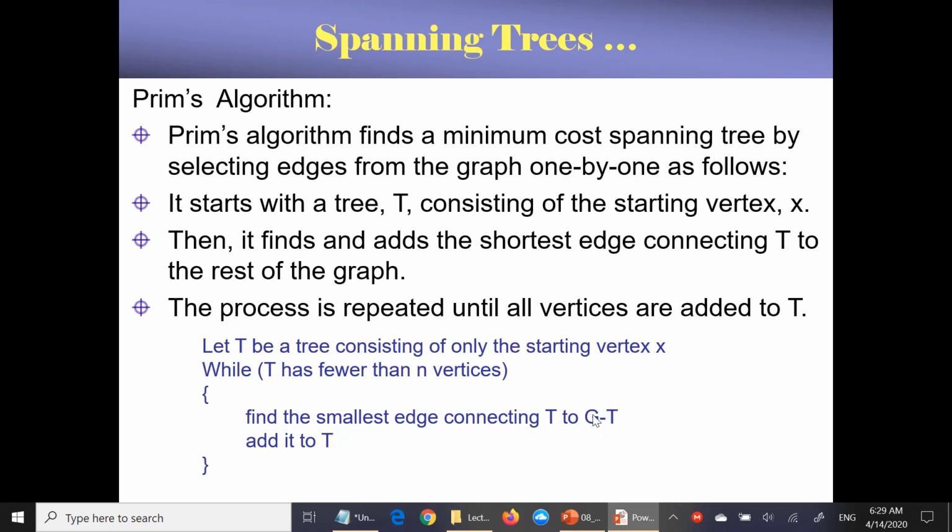The rest of the graph is G minus T. Add that edge to T and repeat the process. Okay, so this is basically what Prim's algorithm is. It's very simple, and what is even more interesting is that actually we can implement this algorithm using the same strategy and table that we use for Kruskal's algorithm.